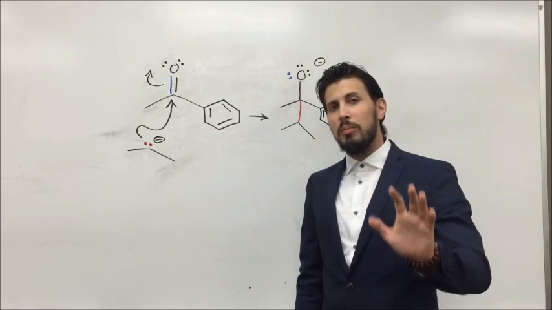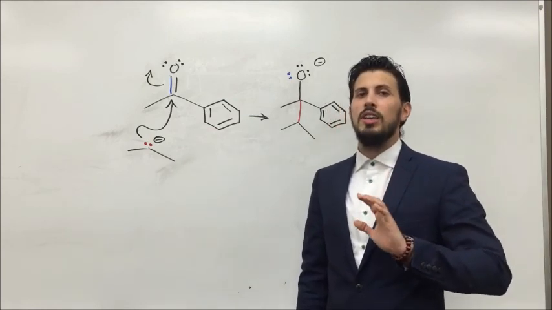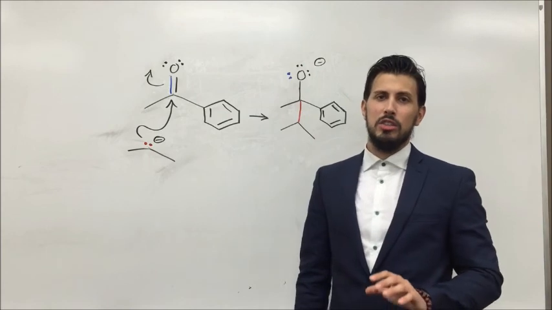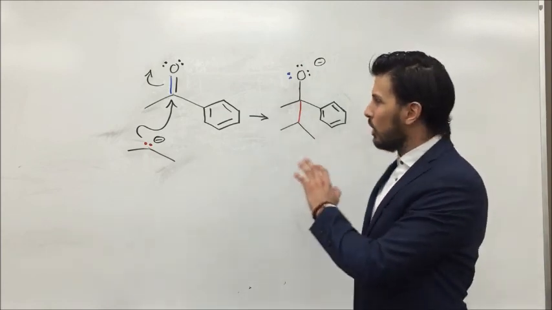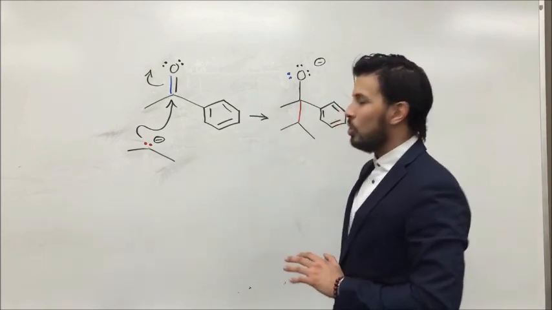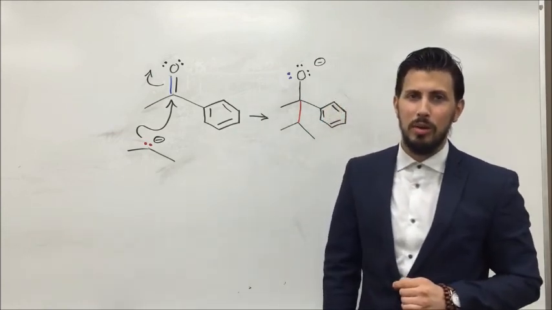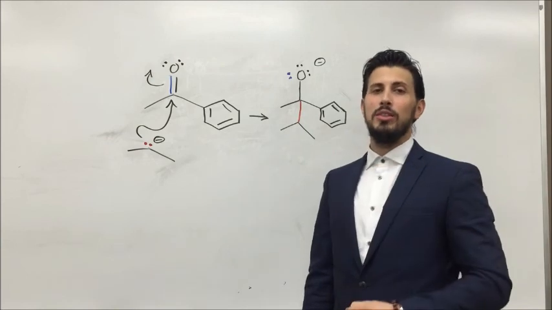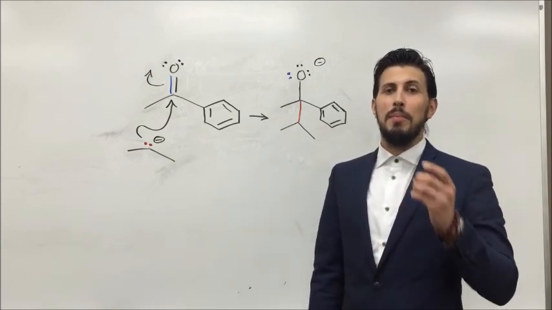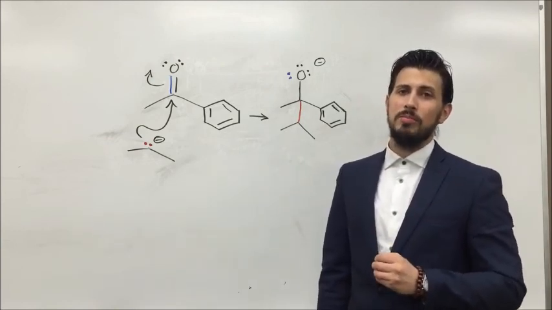Now, you want to be familiar with some of the limitations of that reagent. But for now, this is also a great example to review the nucleophilic addition to the carbonyl carbon, which is a fundamental reaction and mechanism that you have to be familiar with.